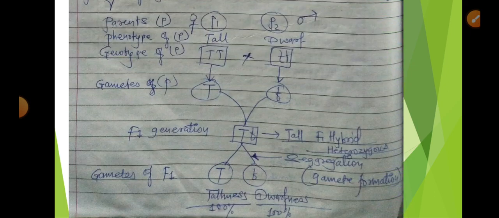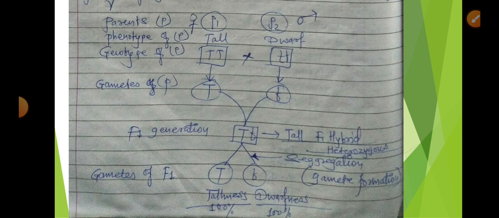Now, this is the explanation of this law. When we cross two parent plants P1 and P2, one is selected as a female plant and one as a male plant, with the phenotypes tall and dwarf. The genotype of the tall pea plant is capital T and of the dwarf pea plant small t.